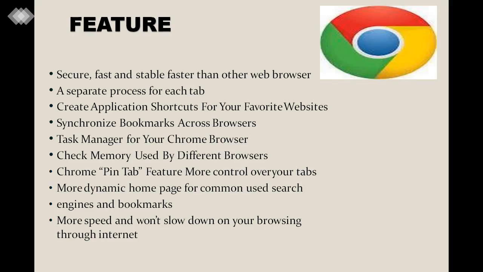Also Chrome pin tab features more control over your tabs, more dynamic home pages for common-use search engines and their bookmarks, and more speed that wouldn't slow down your browsing through the internet. These are the features of our Chrome web browser.